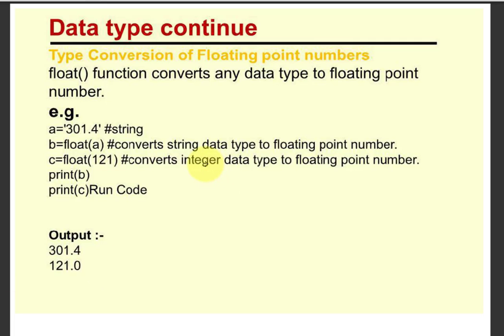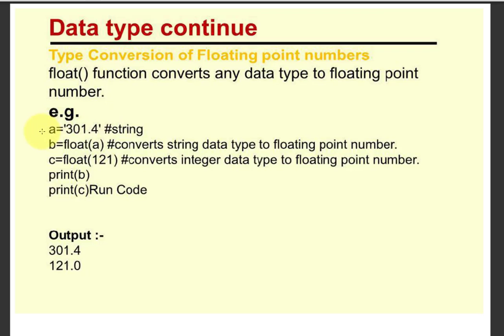We can also use type conversion for floating point numbers. At runtime, if you want to change a number into a float number, you can use the float method. It is like the integer method. The float function converts any data type to a floating point number.